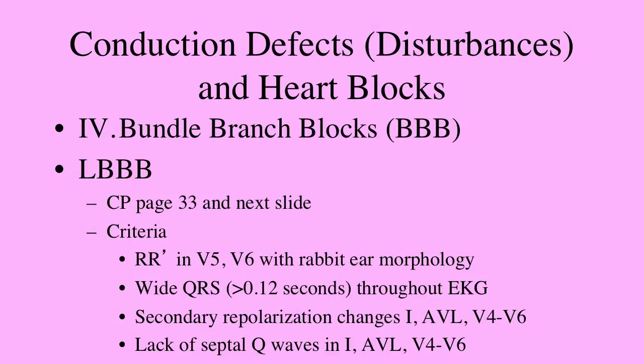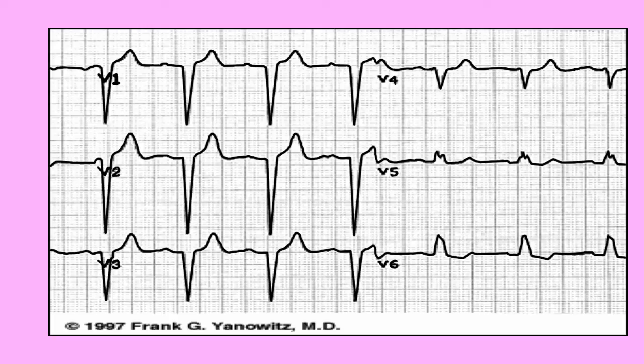If we go forward to the next slide, you can see another example, especially if you look at V5 and V6 and see the rabbit ears and the wide QRS, and especially V6, it has some ST-T wave changes. This is just a partial 12 lead, V1 through V6, but you can see the left bundle branch block fairly clearly. This is one that's pretty easy to see, and something that kind of stands out.